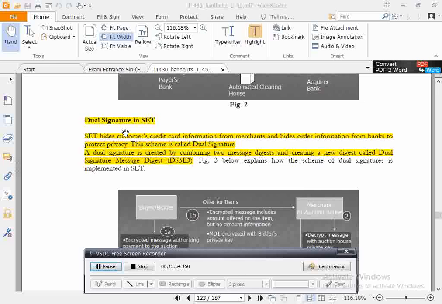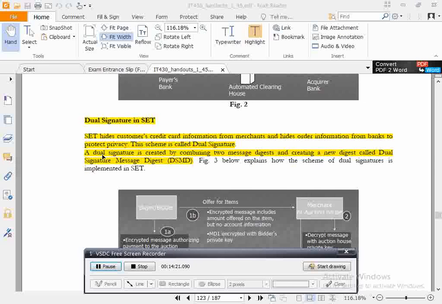Dual signature in SET. SET hides customers' credit card information from merchants and hides order information from the bank to protect privacy. The scheme is called dual signatures.